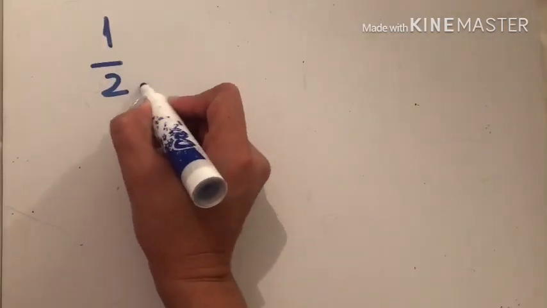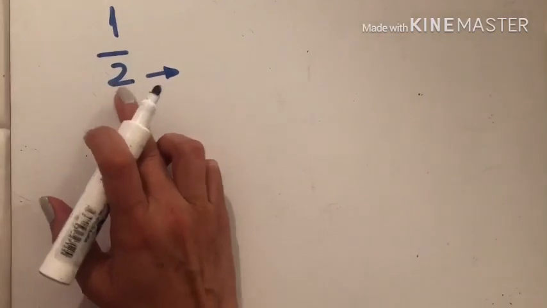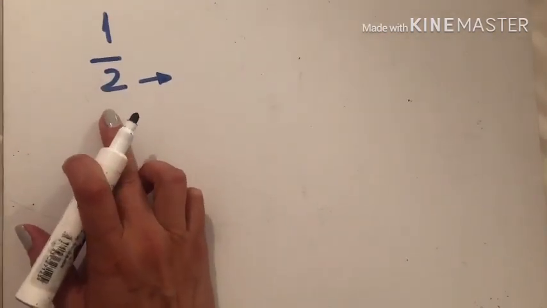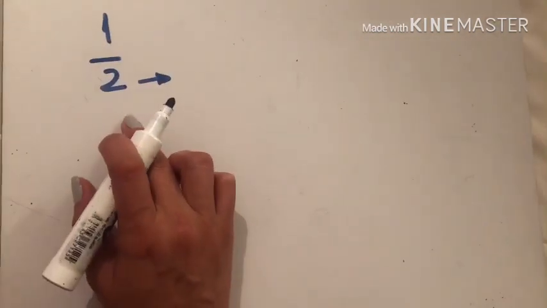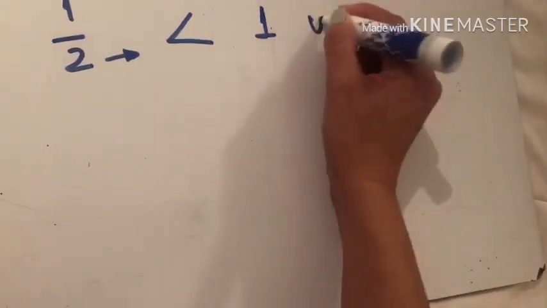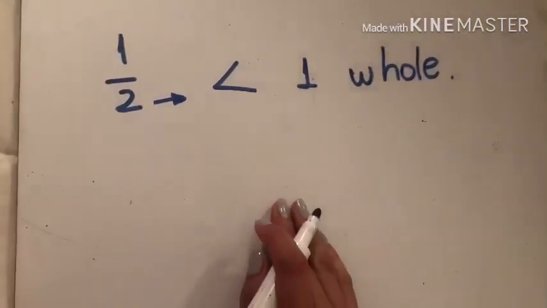Remember last week I mentioned that when our denominator, the number that goes at the bottom, is bigger than my numerator, then this fraction is less than one whole. It's smaller than one whole.